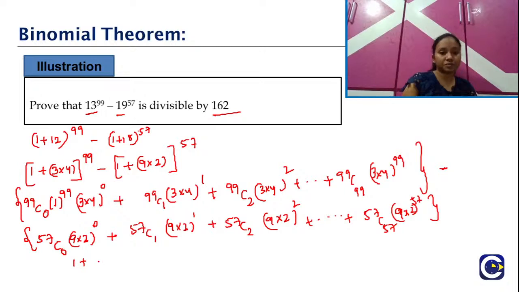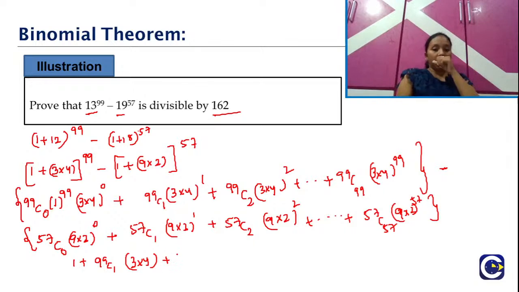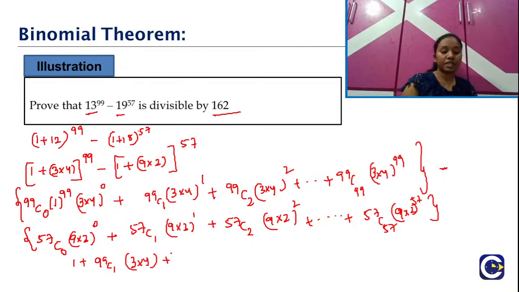So 1 plus 99C1 3 into 4, and then 99C2 3 into 4 whole square. Here we can take the entire term to be k1. You can see 3 into 4 is nothing but 12, so 12 into 99.